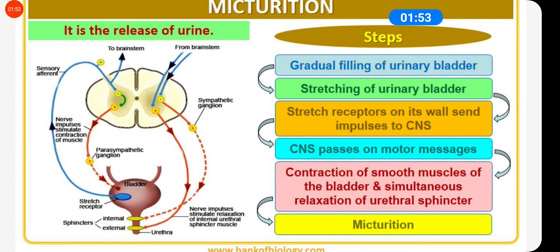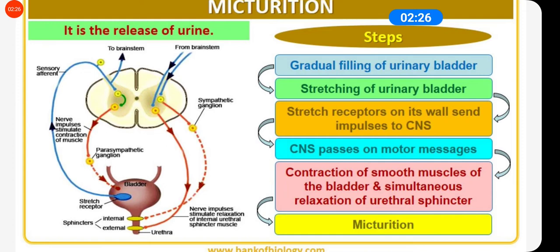Whatever messages are passed to the central nervous system are passed by the sensory nerve. Now, as the urine collects, the muscular wall of the bladder distends so as to accommodate the urine, and later it sends the messages to the CNS by the sensory nerve.